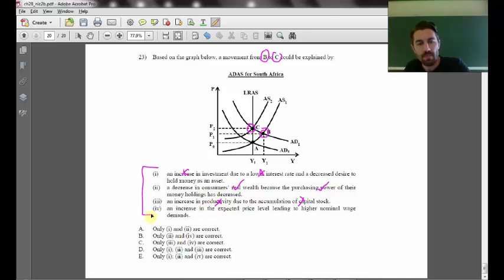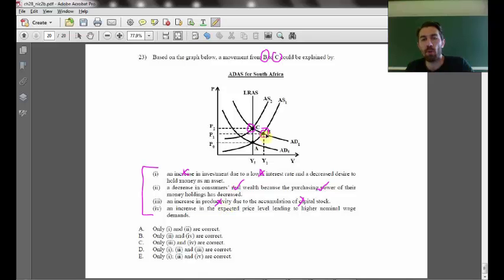Okay. Option number 4, an increase in the expected price level leading to higher nominal wage demands. Okay. From B to C, shift in the short-run aggregate supply to the left. That looks good. Why? Well, if we move to point B, it means there was inflation. Our nominal wages remained fixed, right?